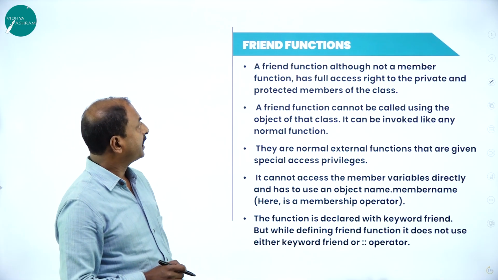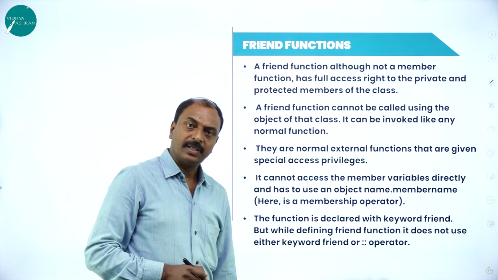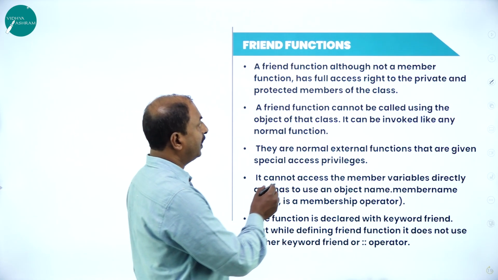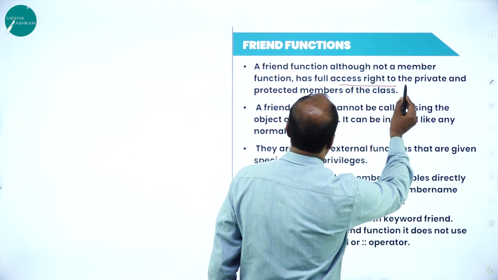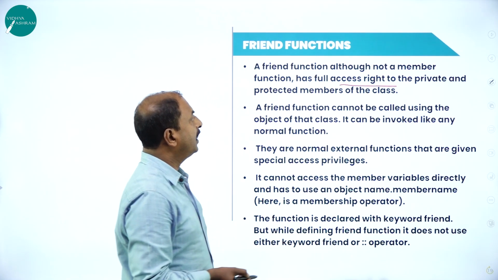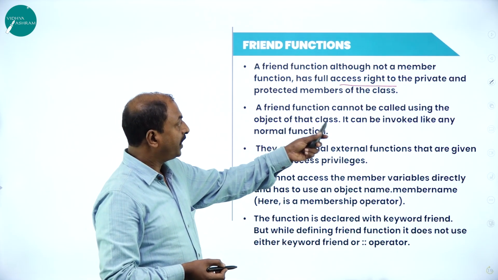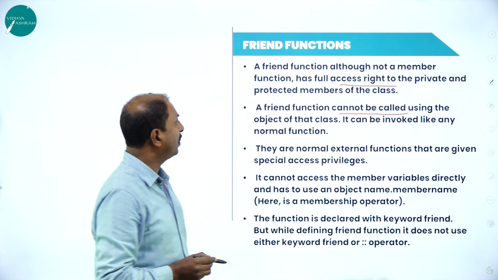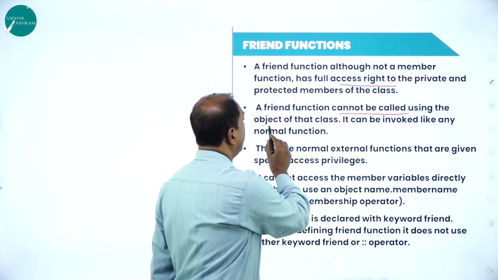Now let us move on to the next slide, and here see some other characteristics. A friend function, although not a member function, has full access rights to the private and protected members. And a friend function cannot be called, please note down, using the object of a class.